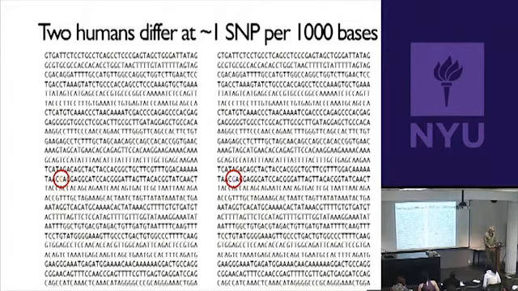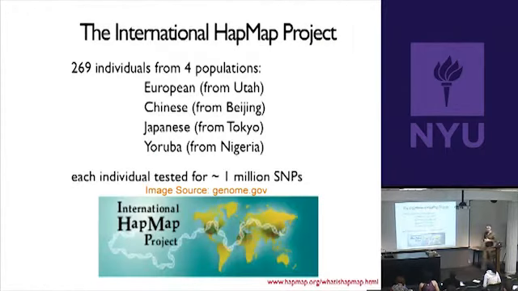So there is a big project called the International HapMap Project, which I think Joshua talked about in his lecture, where a large number of individuals from a few populations were each tested for a large number of SNPs, okay? Those 4 populations are Europeans from Utah, Chinese from Beijing, Japanese from Tokyo, and Yorubas from Nigeria, okay?